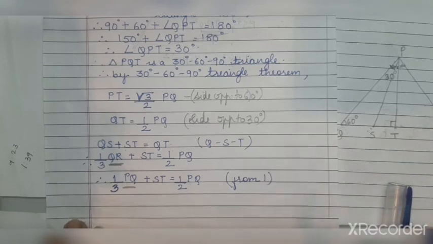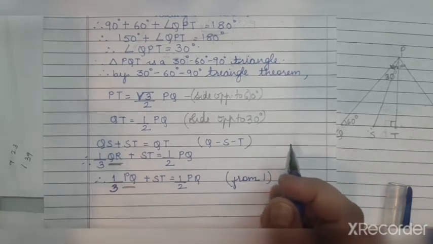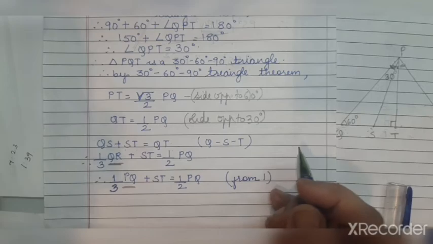The reason is triangle PQR is an equilateral triangle, so all the sides are equal, and we have written that in statement 1.